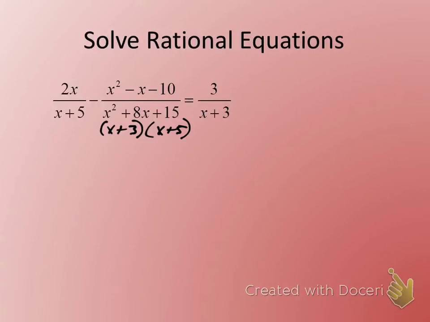So that means that your LCD is just x plus 3, x plus 5. And remember, you're going to multiply both sides of the equation by that.